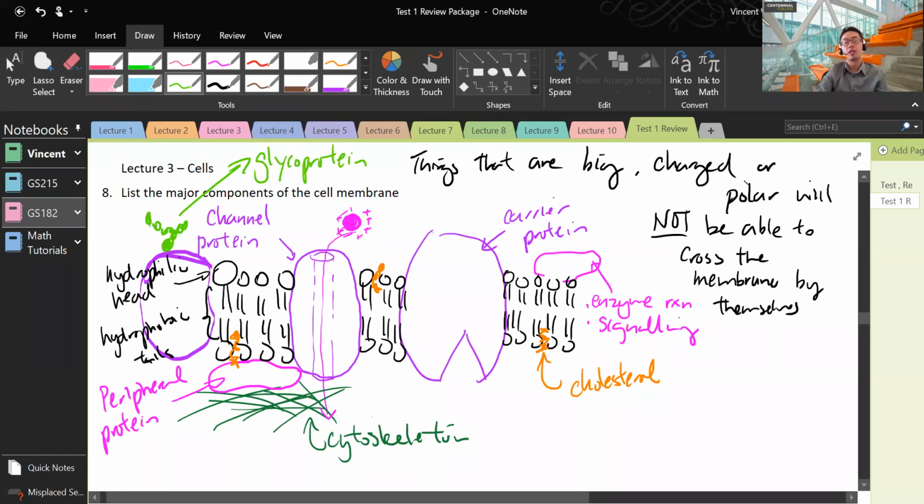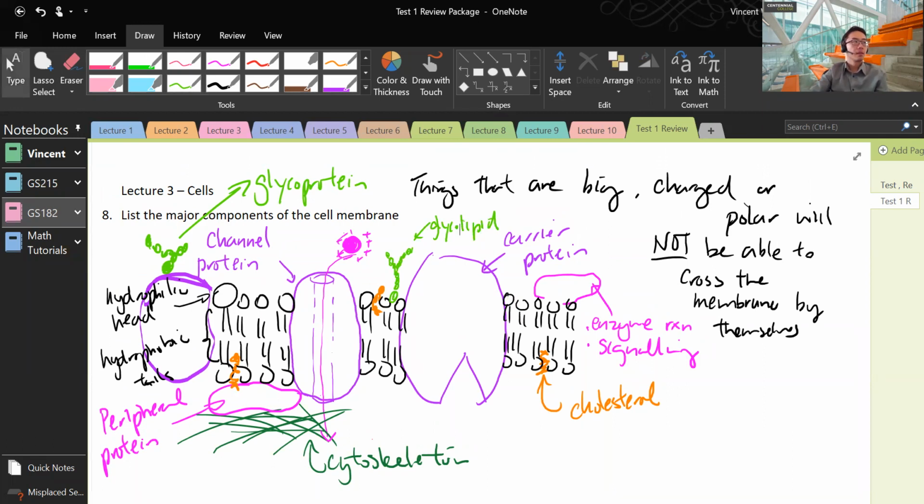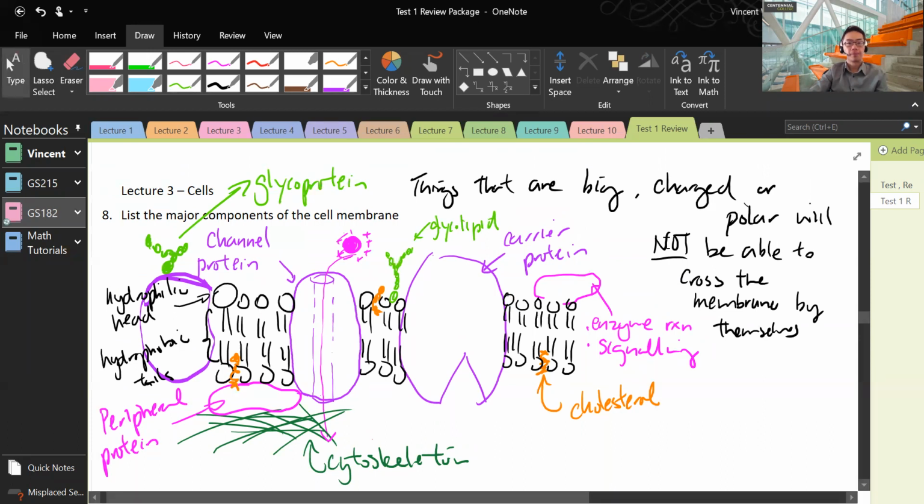That's important for cell recognition, right? Your white cell is gonna have to be able to tell apart what belongs to the body and what does not, right? We also have the glycolipid right here. Glycolipid. Like that, right? Same function. Any question?